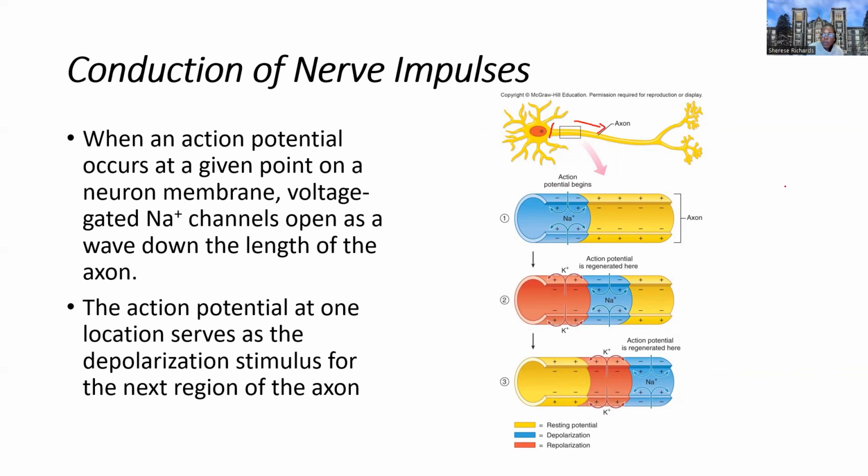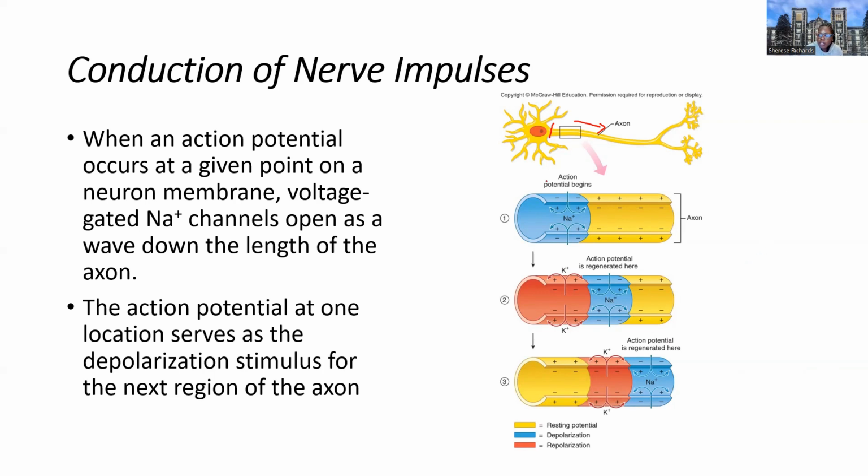Now, the fact that it's only going to move in one direction is part of the features of the neuron itself, right? The state of the channels along the length of the axon. So when voltage-gated sodium channels open up, they open up in a wave that moves down the length of the axon.